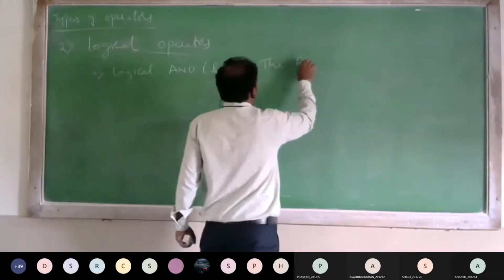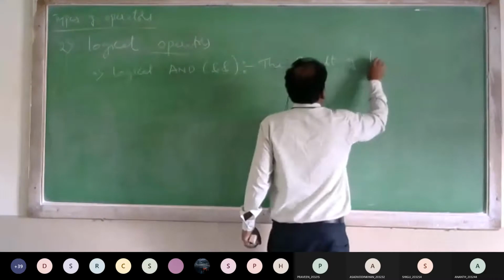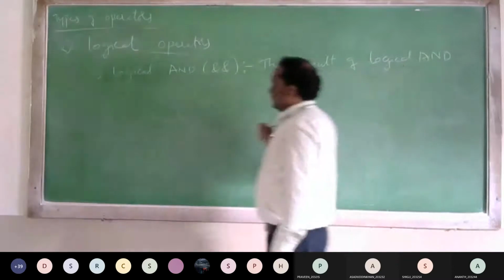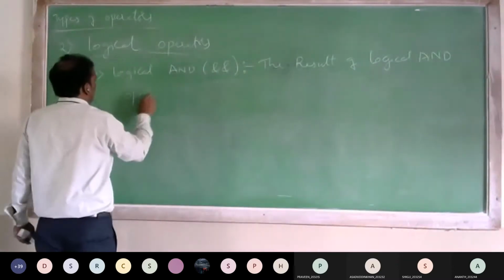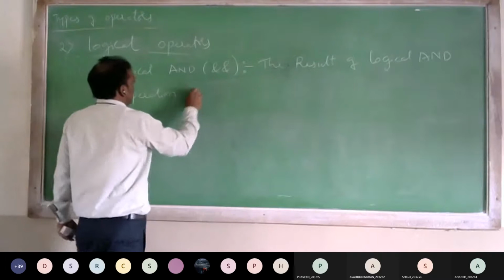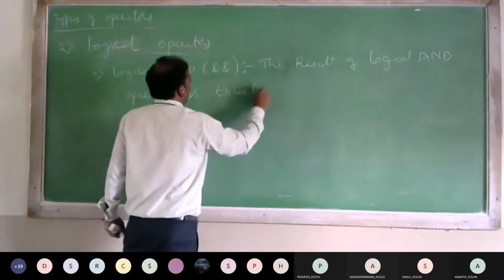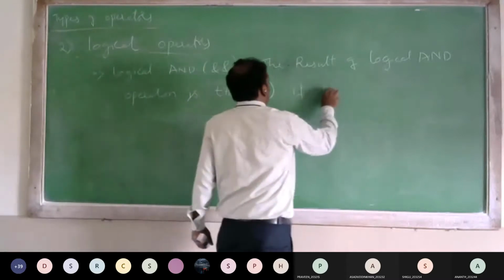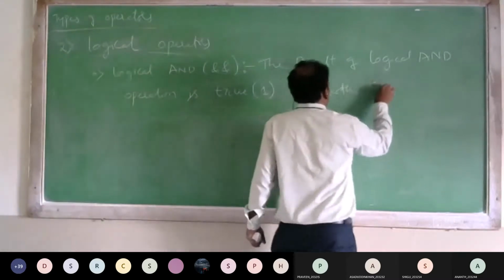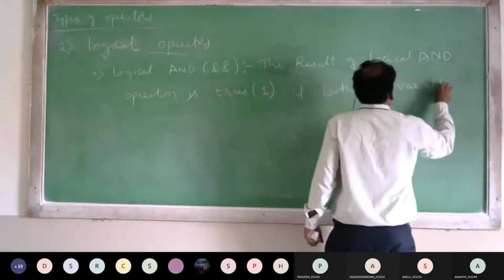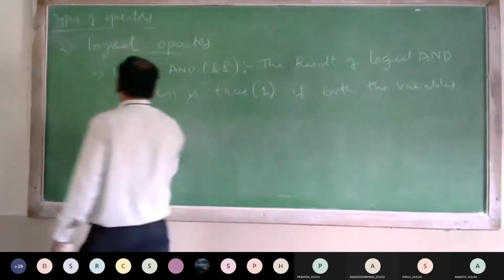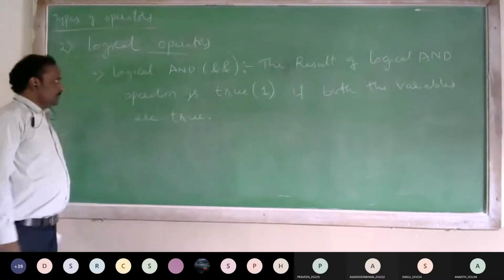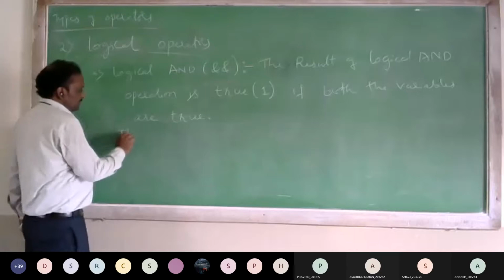The result of the logical AND operation is true, and true means 1, if both the variables are true.